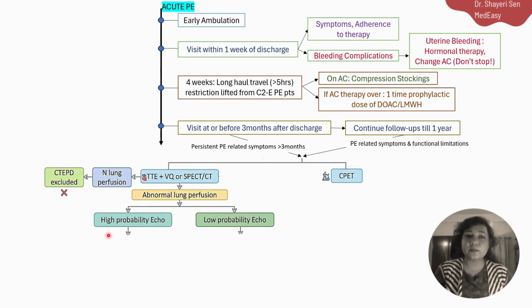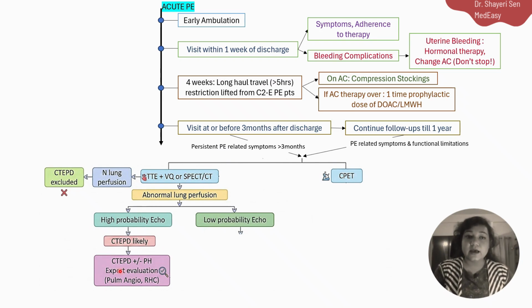This is a high probability echo. So, if the patient has an abnormal lung perfusion plus a high probability echo, then CTEPD is likely, and these patients could have an additional pulmonary hypertension, and they have to be sent for expert evaluation where they might undergo pulmonary angiography, right heart catheterization, exercise testing and so on.